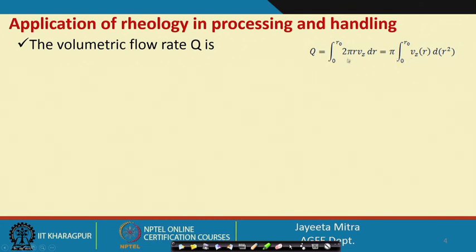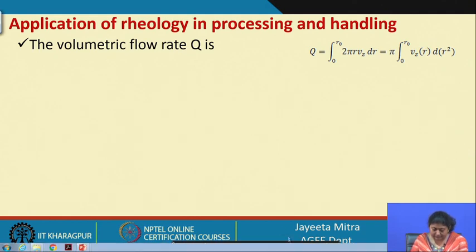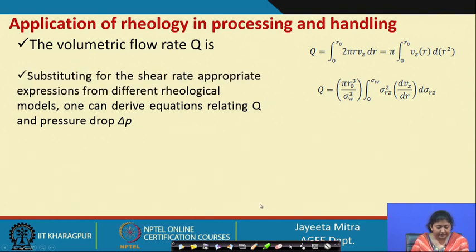So, that pi is coming and 2r we have taken in that way, d of r square. From this, instead of expressing in terms of velocity, substituting for the shear rate appropriate expression from different rheological models, one can derive the relation of Q and the pressure drop.